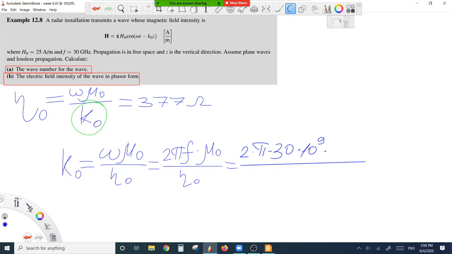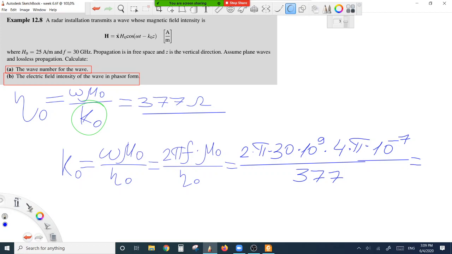Mu 0 is 1.27 times 10 to the minus 6, or mu 0 can be written as 4 pi times 10 to the minus 7, divided by eta 0. We said eta 0 is 377.